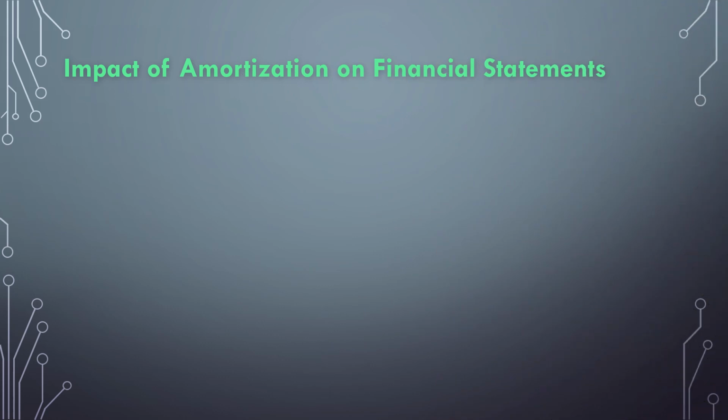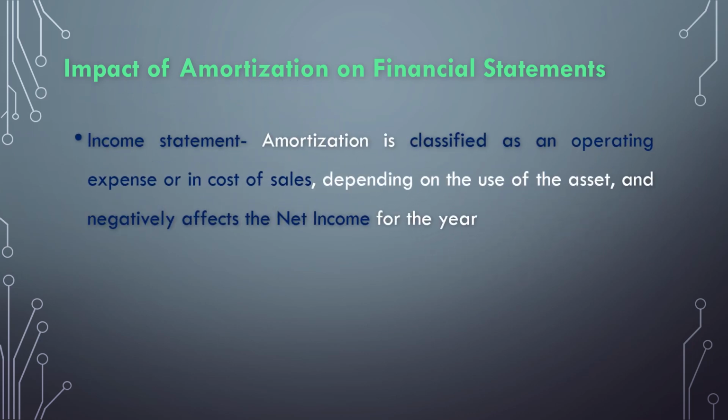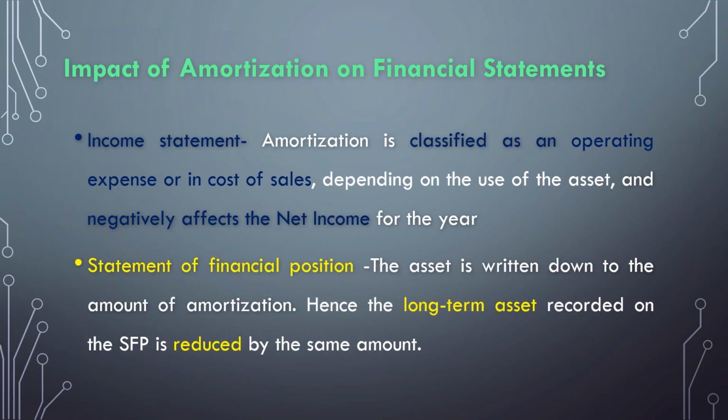Let's look at the impact of amortization on financial statements. In the income statement, amortization is classified as an operating expense or in cost of sales, depending on the use of the asset. And it negatively affects the net income for the year. In the statement of financial position, the asset is written down by the amount of amortization.